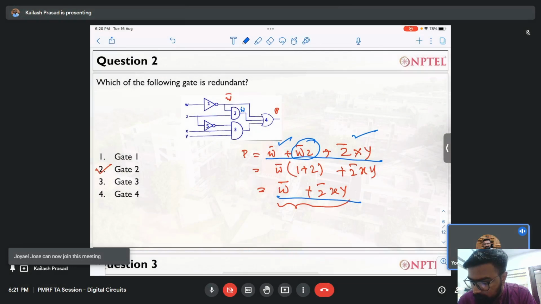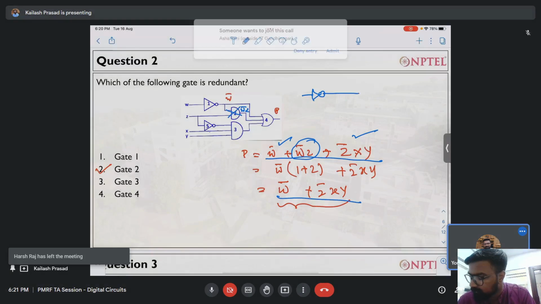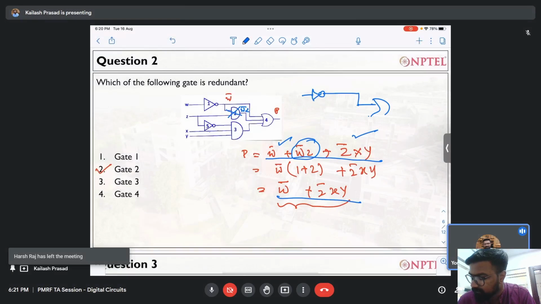If I see, this is W bar and Z. If I remove this gate, the circuit will look like this.